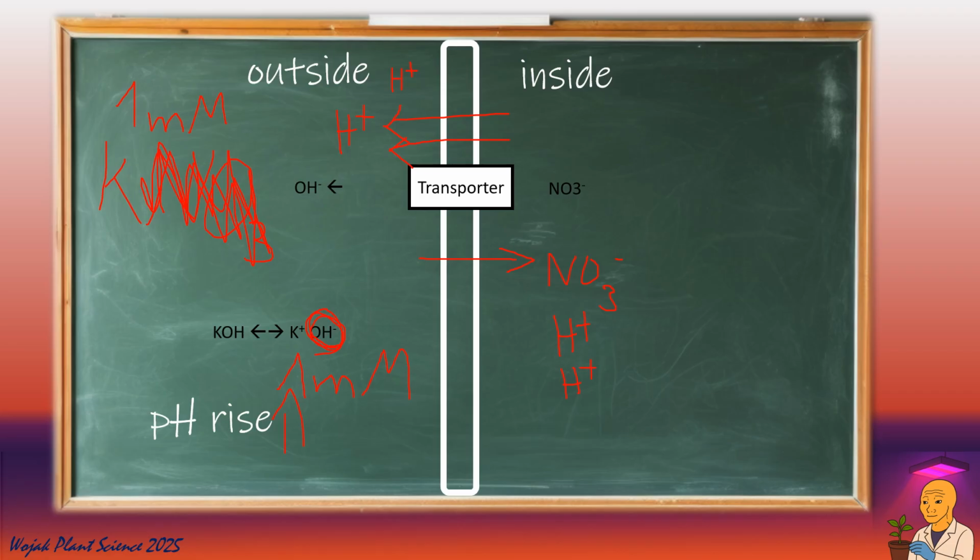And if you remove 2H plus and nitrate, this is in balance, but here you have left over an OH minus. And that OH minus can only be balanced by a proton or by a base like K plus. But if you remember, when you remove an acid, you have a pH rise. You remove a base, you have a drop.